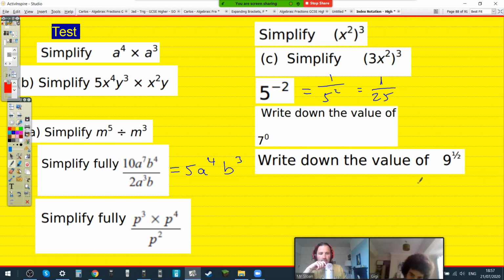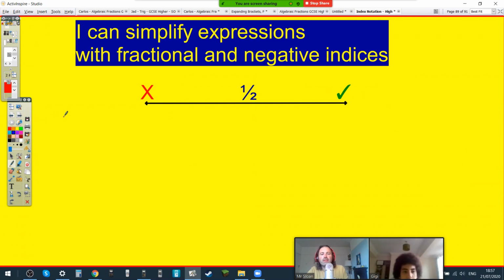And this last one, square root of 9, which is 3. Well done. That's it.